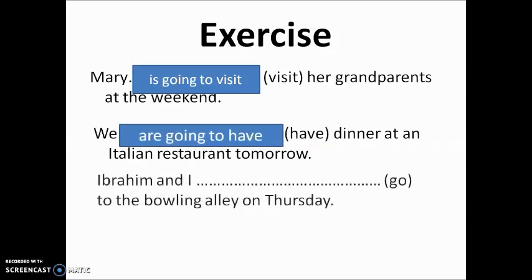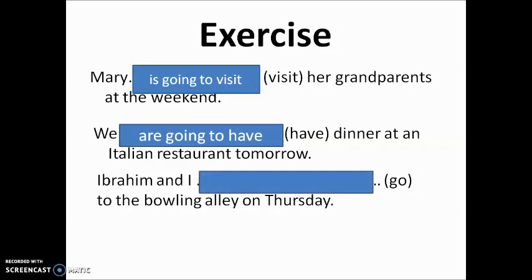Another example. Ibrahim and I. Pay attention to this sentence. Ibrahim and I, the subject is plural. So we use the verb be are plus going to and the base form of go: are going to go.